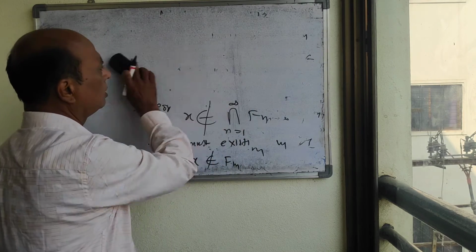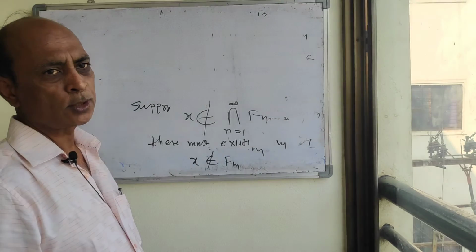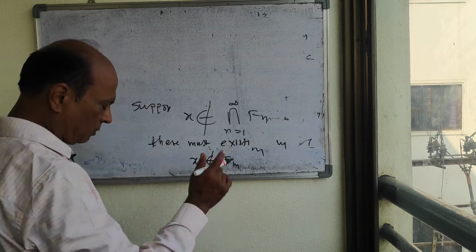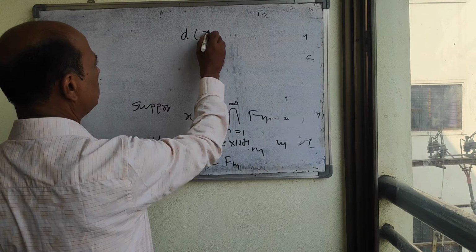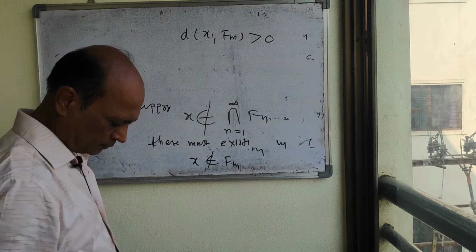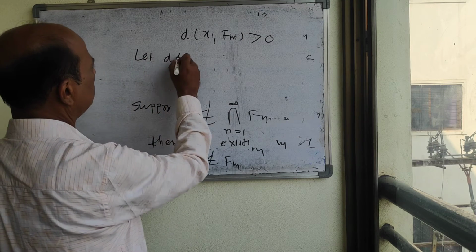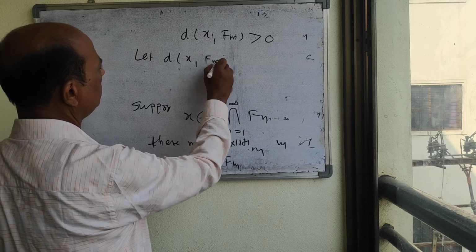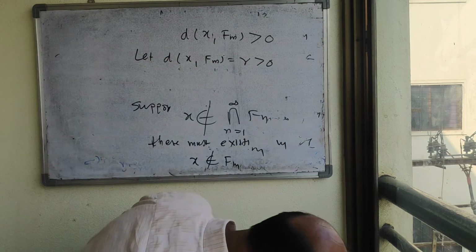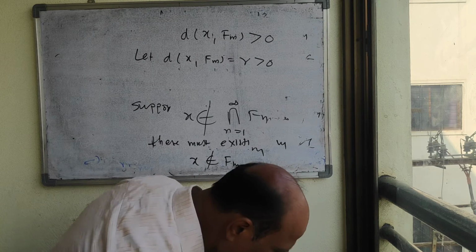Now, what type of sequence is Fm? It is a sequence of closed subsets, and therefore, since x does not belong to Fm, it means d of x, Fm will be greater than 0. So let d of x, Fm be equal to, suppose, r, and that is greater than 0.